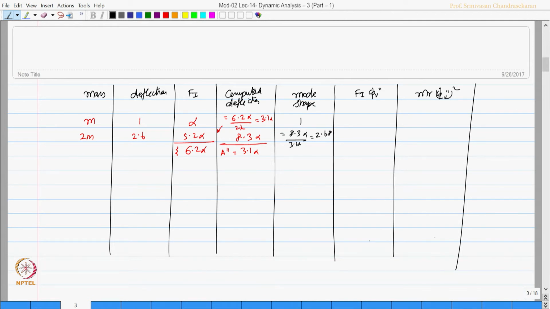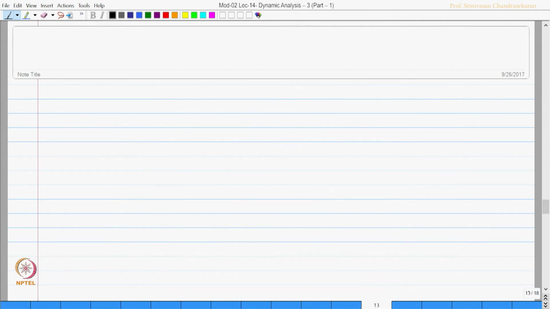Then this is Fi into phi r. So, phi r is this value, this is phi r 2. So, it is going to be alpha, this is 13.936 alpha. I make the sum, which is 14.936 alpha.